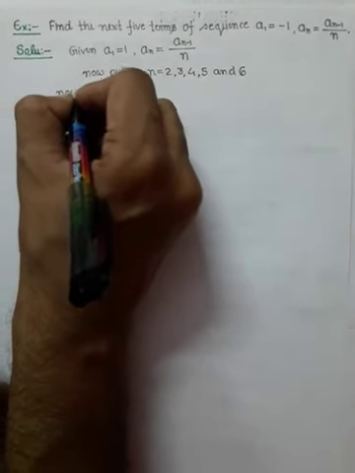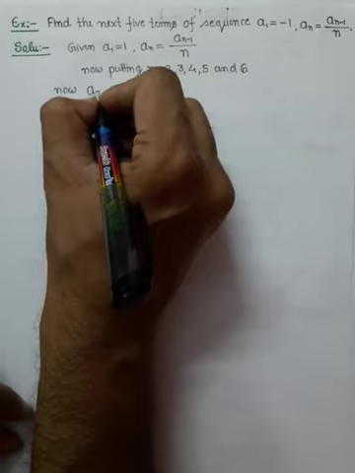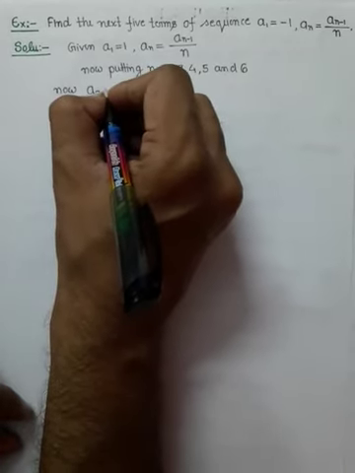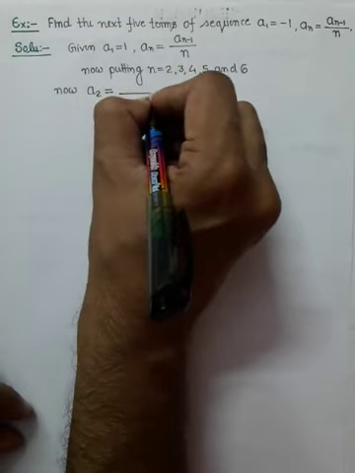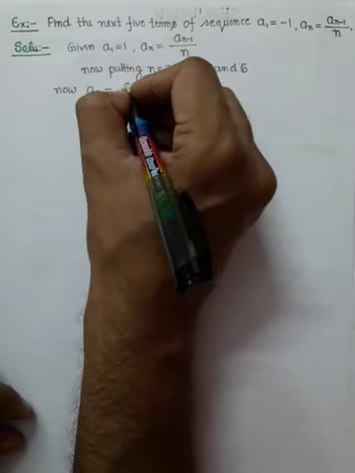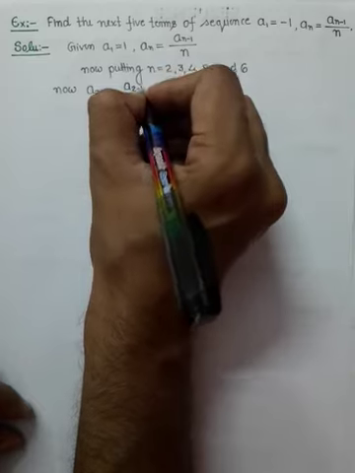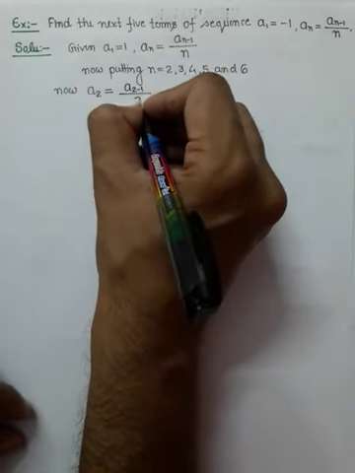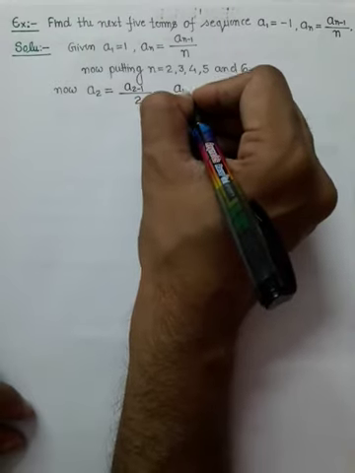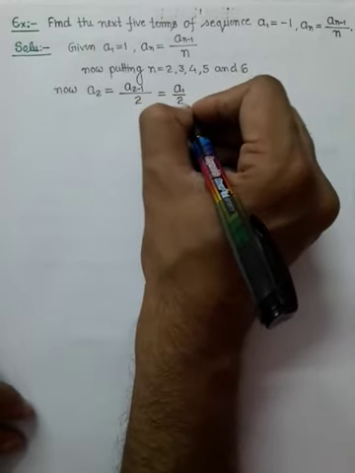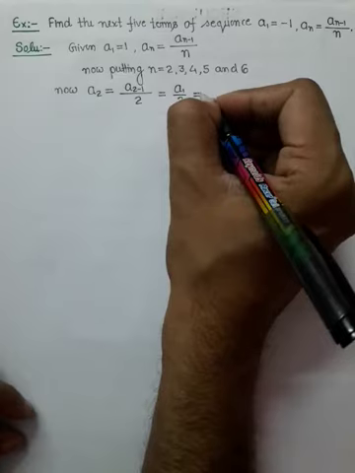So now we will find a2, means for n is equal to 2. So a2 is given as a(2 minus 1) over 2. So of course it can be written as a1 over 2, and we have already been given the value of a1.